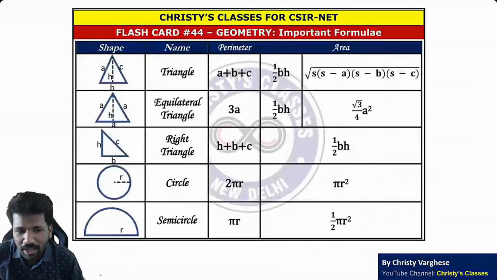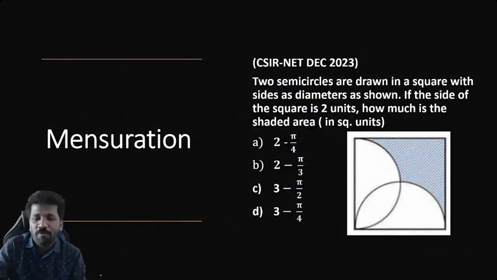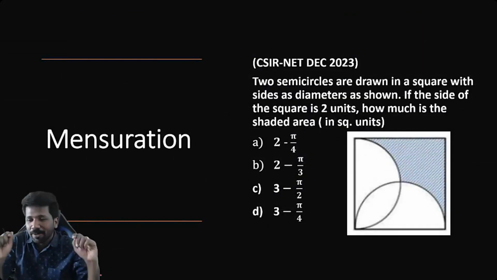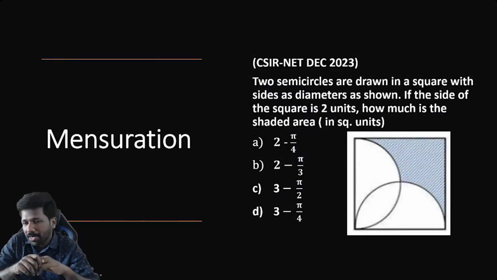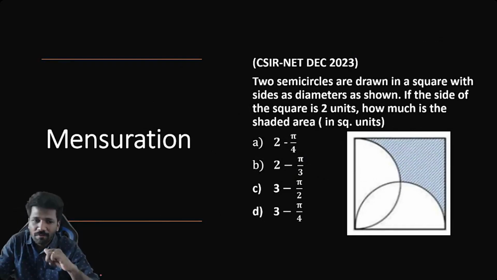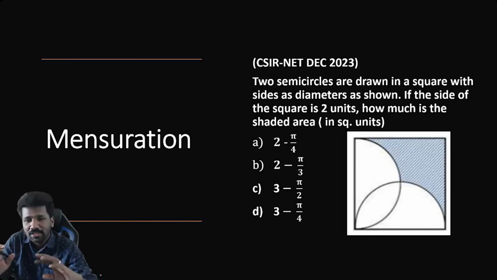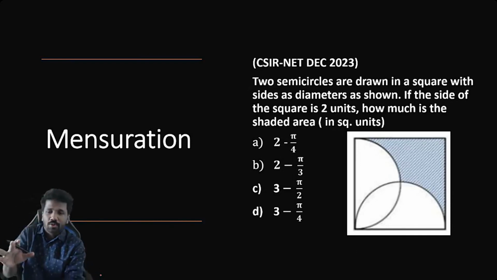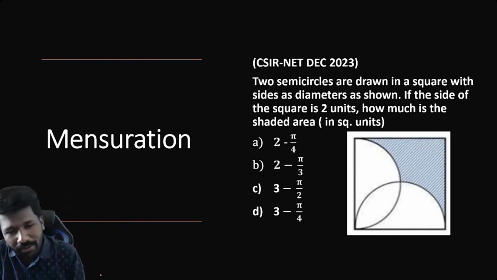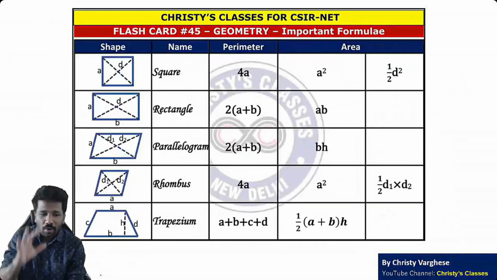As I told, I am giving you a capsule format of what you can expect in the upcoming CSIR-NET exam part A section. Whether it is 2024 or 2025, this will be the trend. Analyzing the last 2 years, 3 years, I have curated this course that way, so that it follows how CSIR thinks.